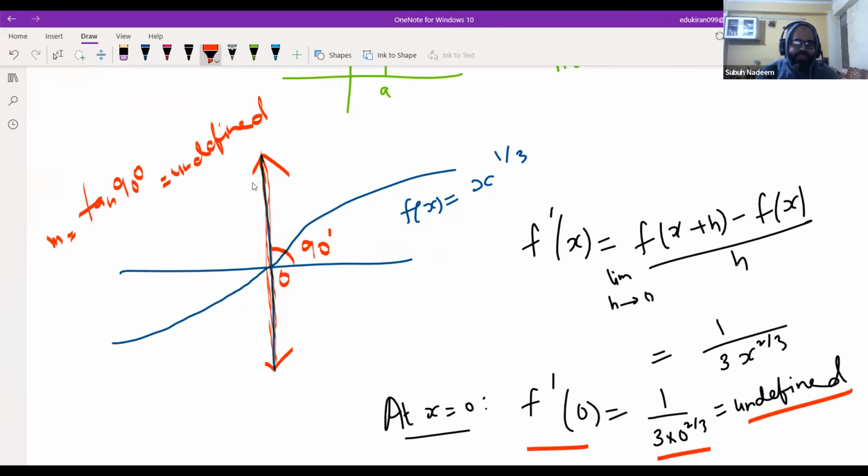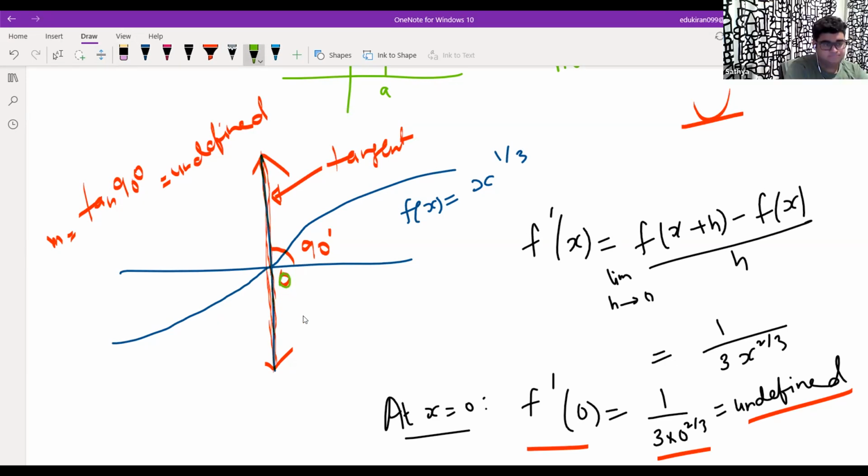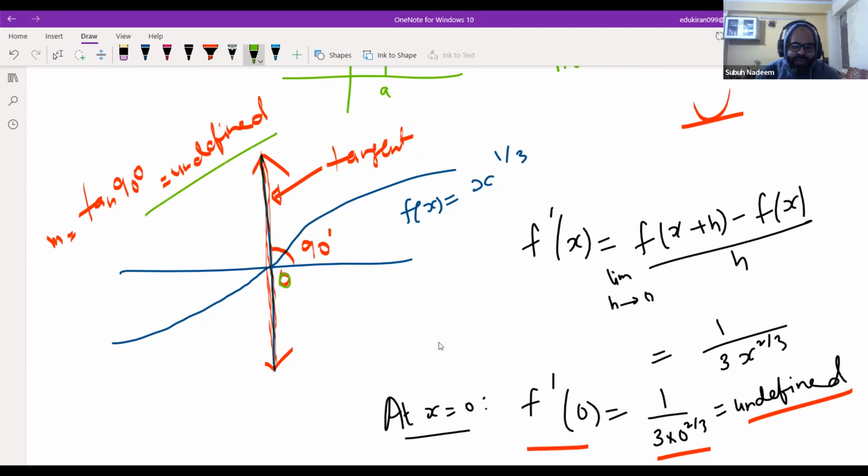So this line is a tangent. And don't think that a tangent is a line which only touches a curve like this. Here you can see that this is a tangent and it actually crosses the curve at the origin. But this tangent has a slope which is not defined. So the derivative is not defined.